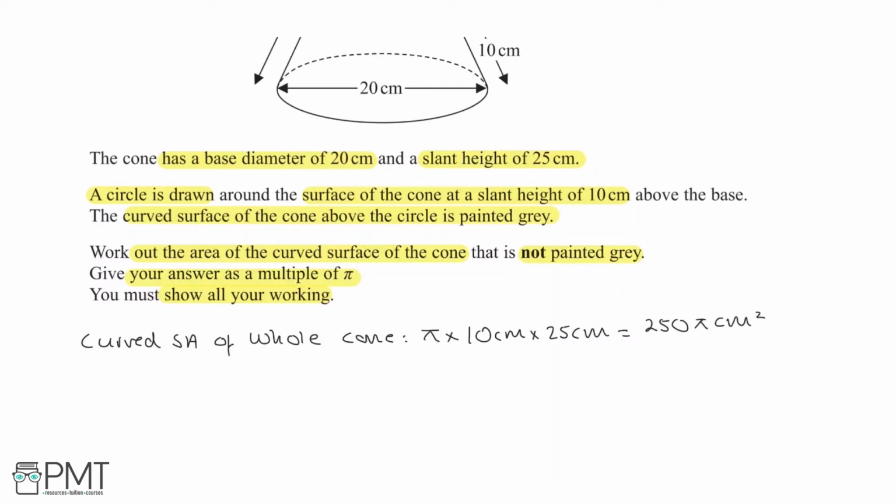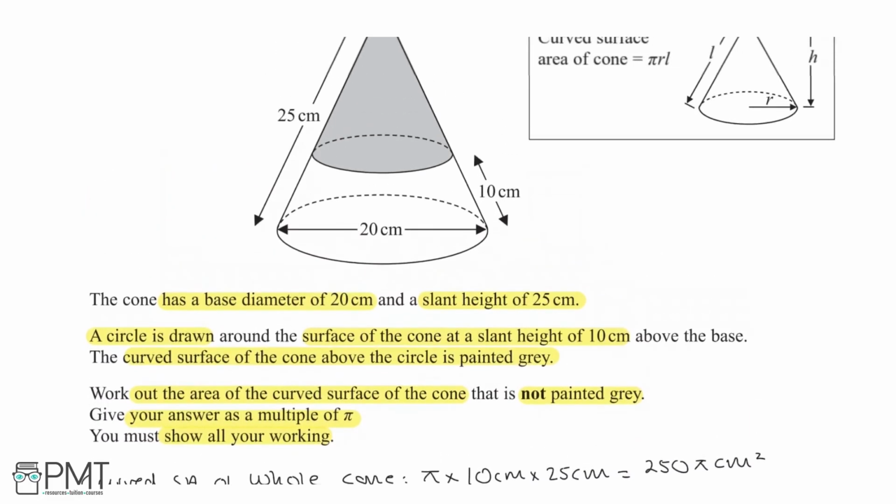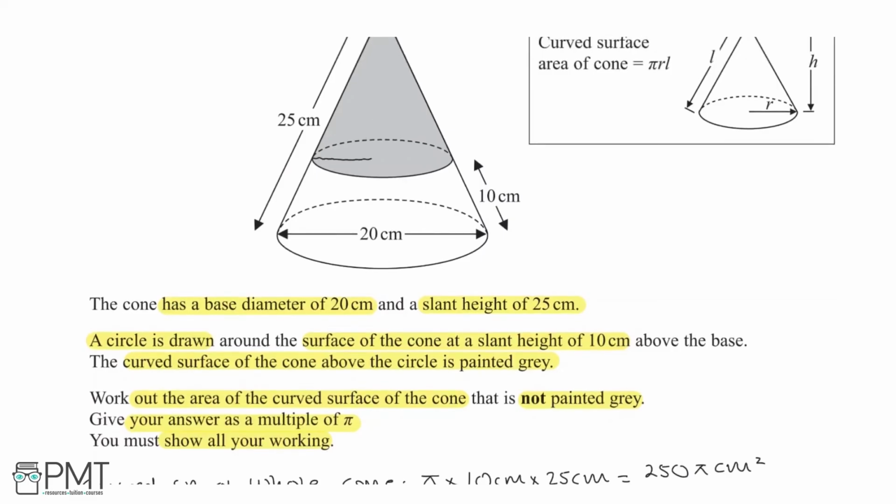Then I am going to find the radius of the smaller cone. So I'm trying to find effectively this diameter and in essence this smaller radius of lowercase r.